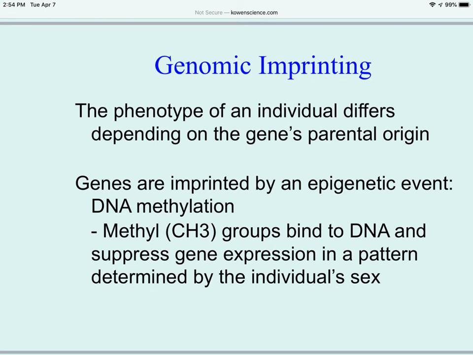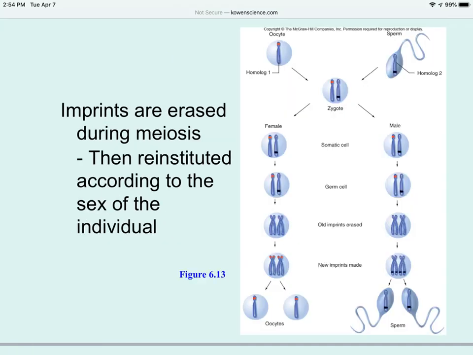It will suppress the gene, and whether the pattern will be expressed or not is determined by the individual's sex. The imprints are erased during meiosis, and then they are reinstated according to the sex of the individual once fertilization has occurred.